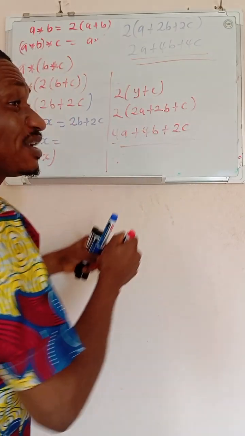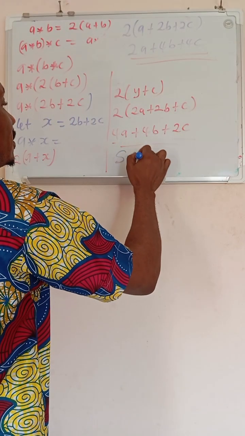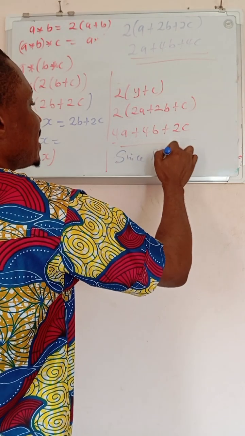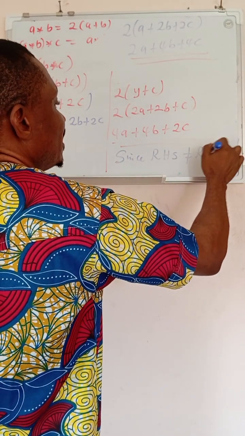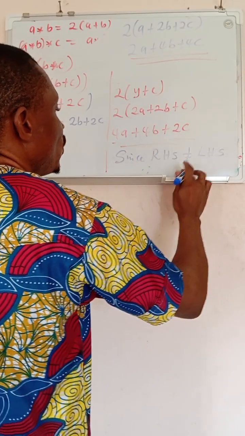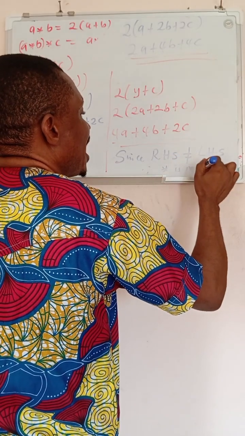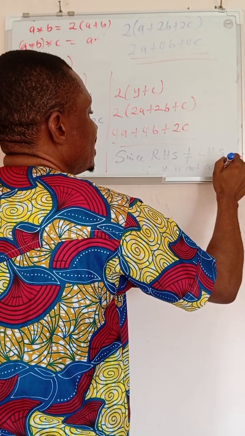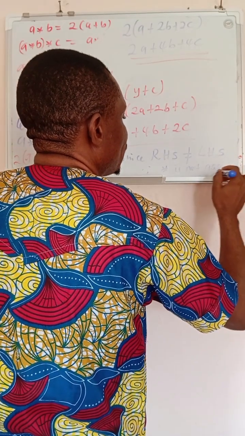So they are not equal. Since our right hand side is not equal to the left hand side, therefore the operation asterisk is not associative.